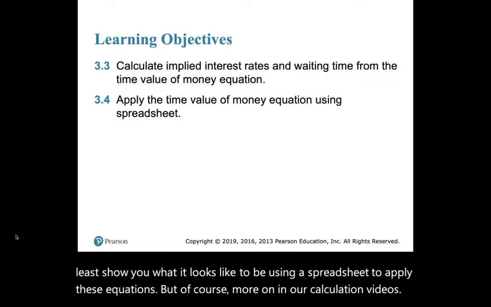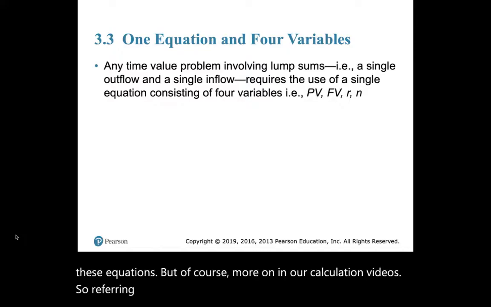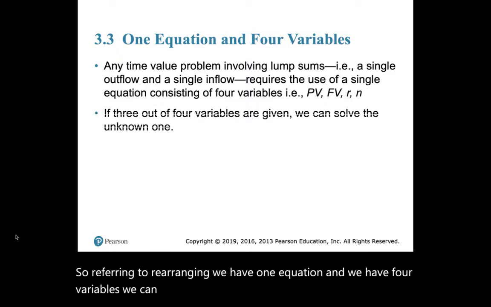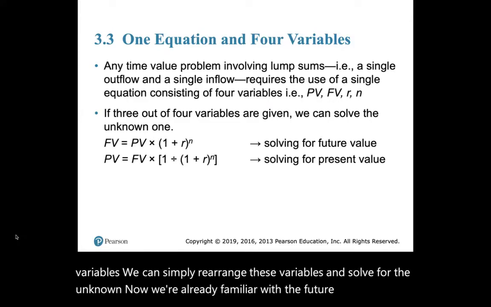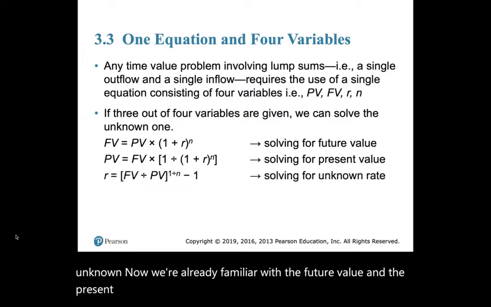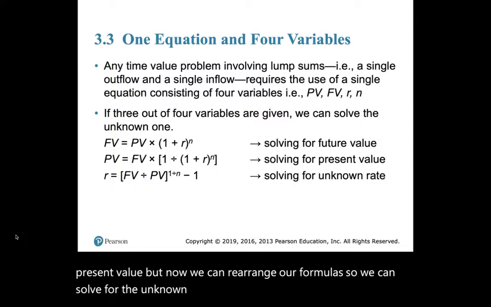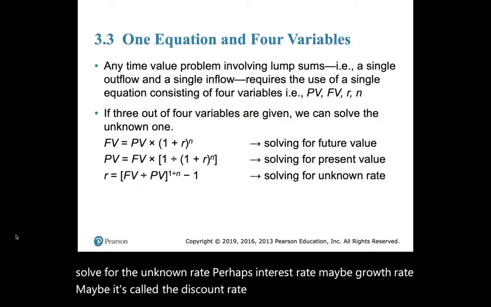So referring to rearranging, well, if we have one equation and we have four variables, we can simply rearrange these variables and solve for the unknown. Now, we're already familiar with the future value and the present value, but now we can rearrange our formulas so we can solve for the unknown rate, perhaps interest rate, maybe growth rate, maybe it's called the discount rate, really depending on which way you look at it.